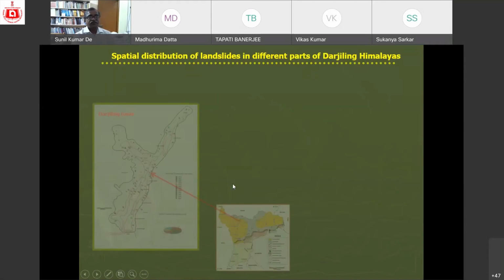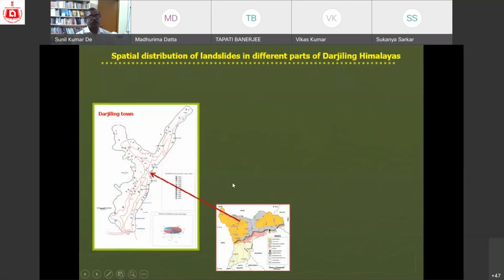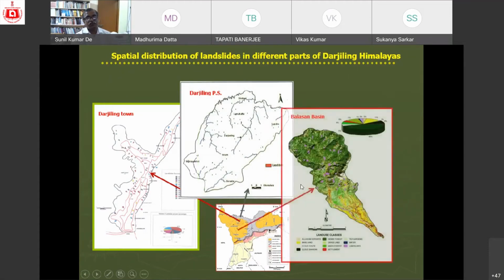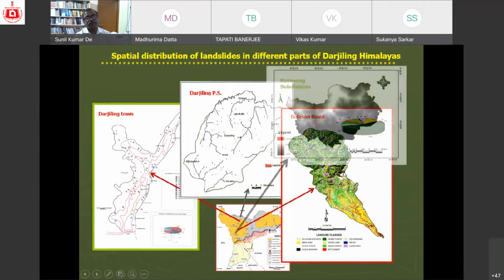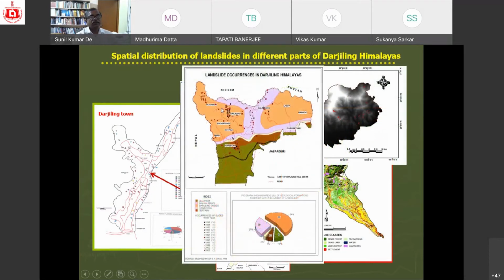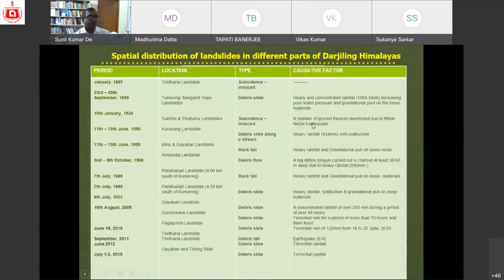Now this is the spatial distribution. This is Darjeeling town. This is the year-wise distribution, the temporal distribution. This is Darjeeling police station, Balason River Basin, Kurseong subdivision, and the Darjeeling Himalaya as a whole. See, the number of landslides is the highest in the middle part. Now, if we see this, these are the major landslide events.